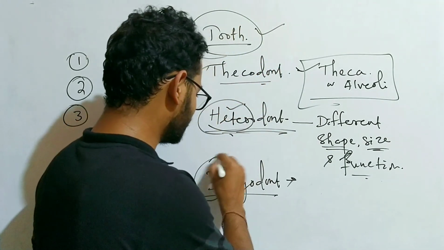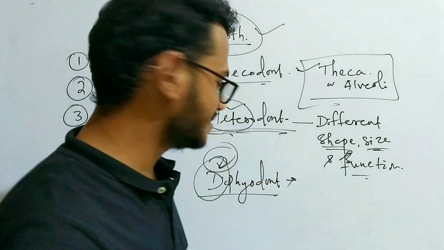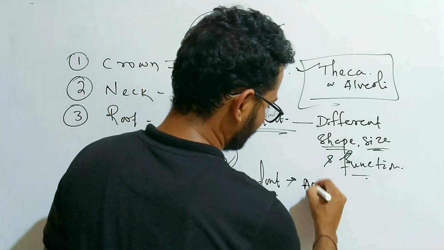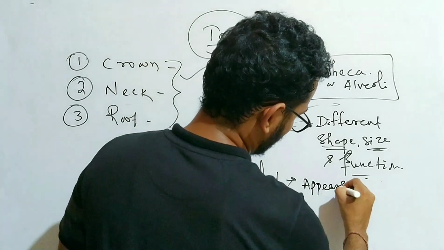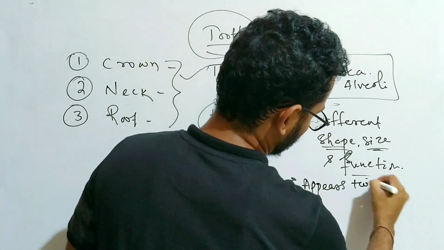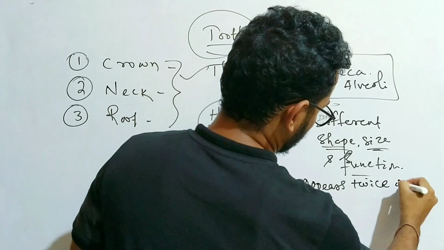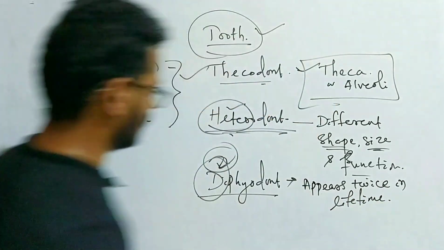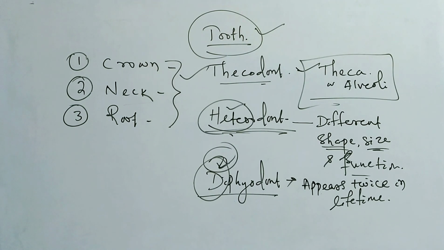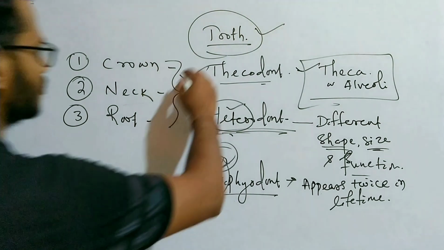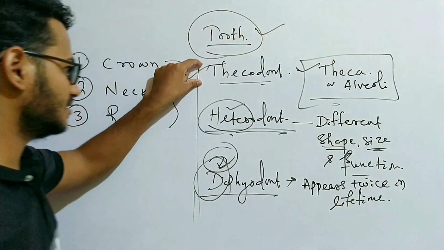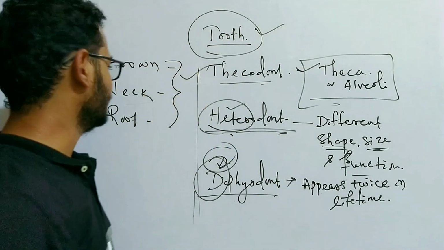So di means two, as it appears twice, it is called diphyodont, because the teeth appear twice in a lifetime. Okay, so these three terms are assigned to our tooth: thecodont, heterodont and diphyodont.